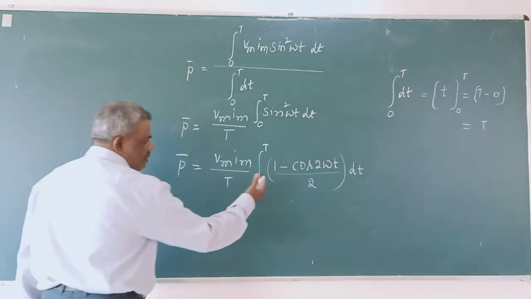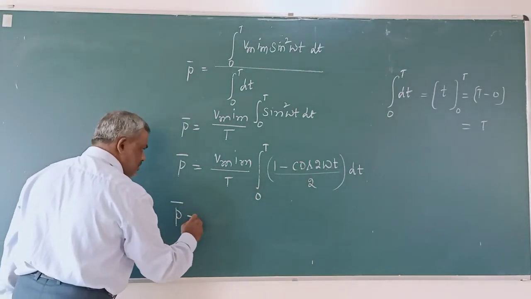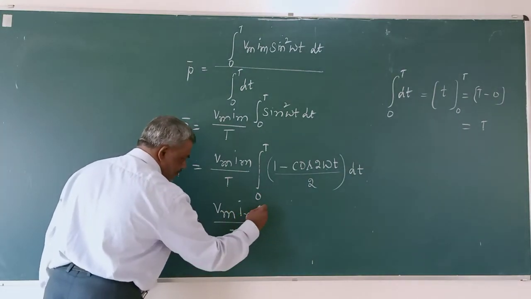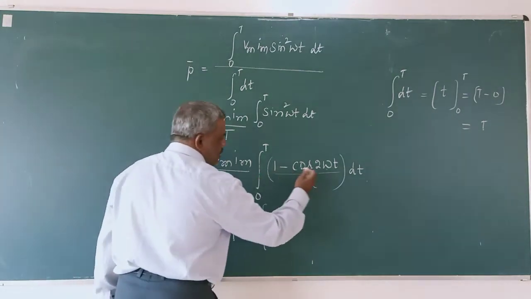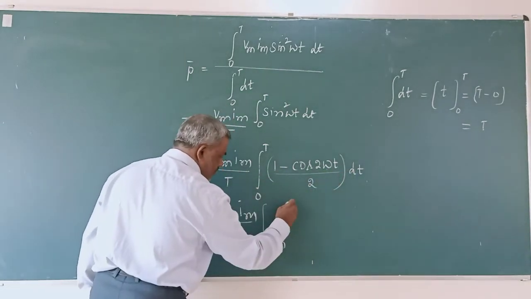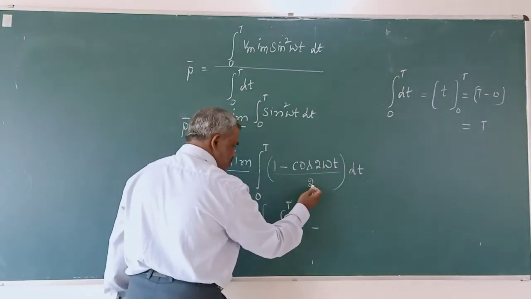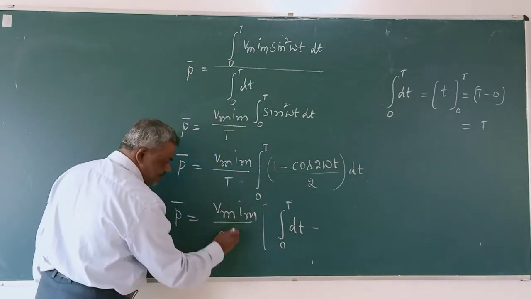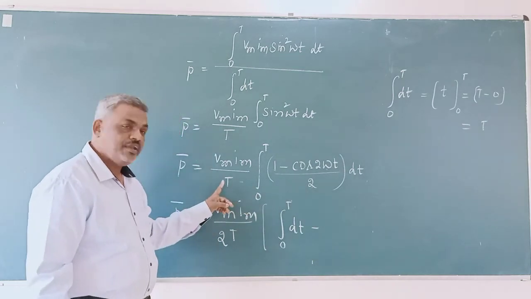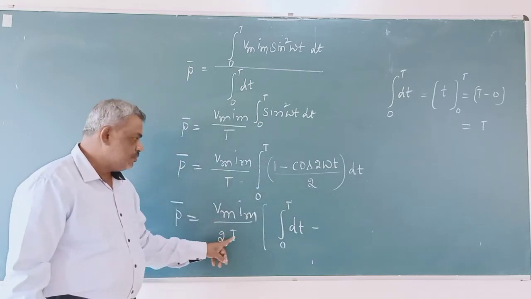So after this, we separate the integral. Average power P equals Vm Im by T, take bracket. Now separate this integral. First one, 1 into dt, integral 0 to T dt, minus. This 2, take outside. Once again, friends, this 2 is taken outside from the integral, so Vm Im by 2T.